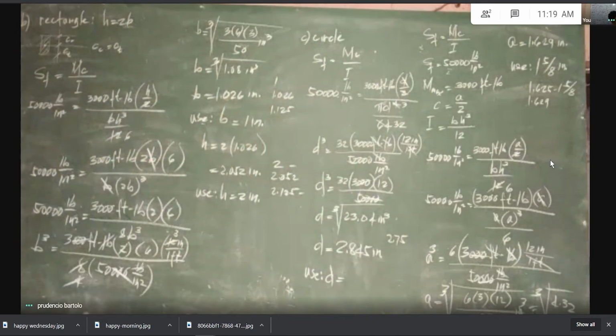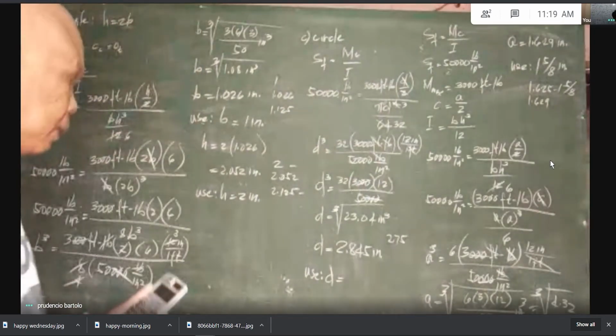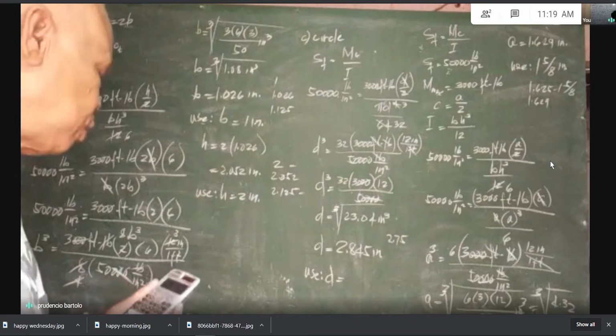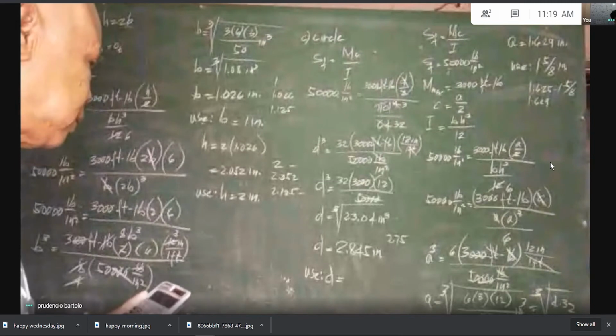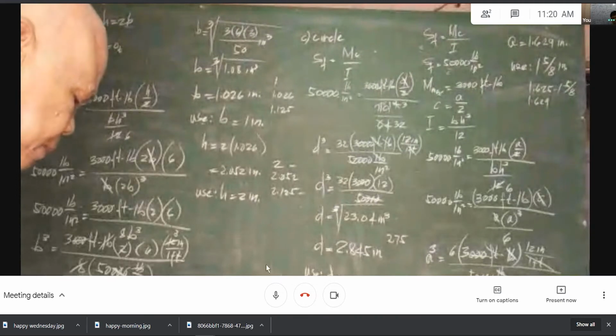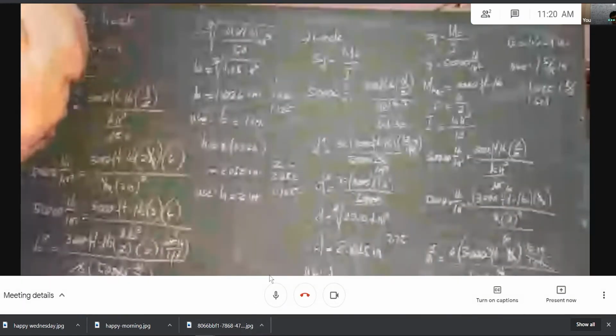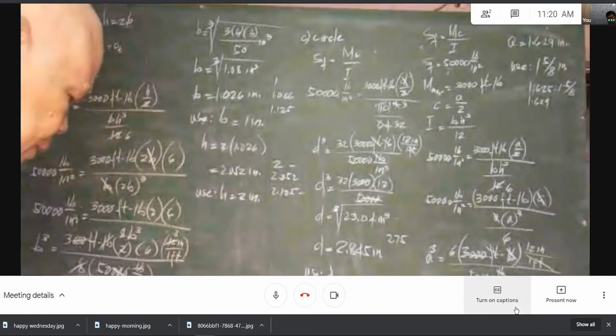So 2.845 minus 2.75 is 0.095, multiplied by 100 gives us 9.5. 9.5 divided by 2.845 equals 3.339.